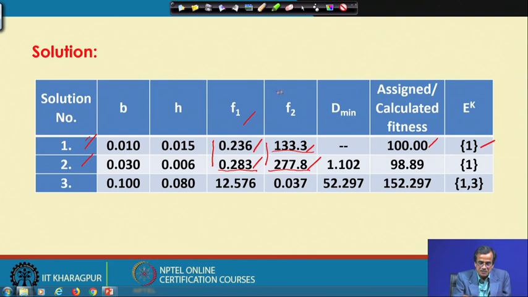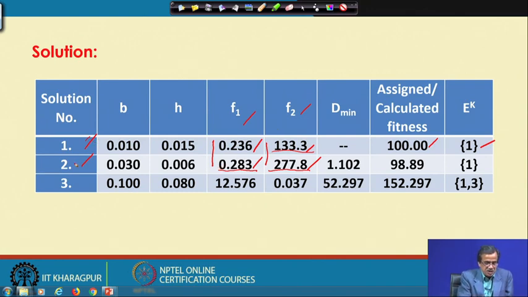But as I told, our aim is to minimize both the objectives F1 and F2, but unfortunately, corresponding to the second solution, both F1 and F2 are found to be worse compared to the respective values for the first solution.